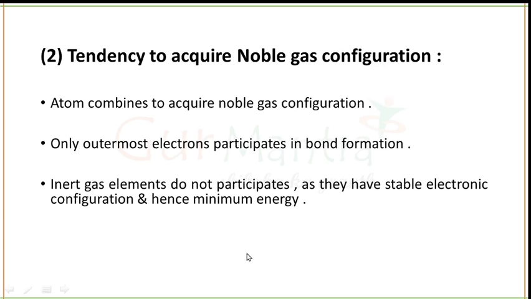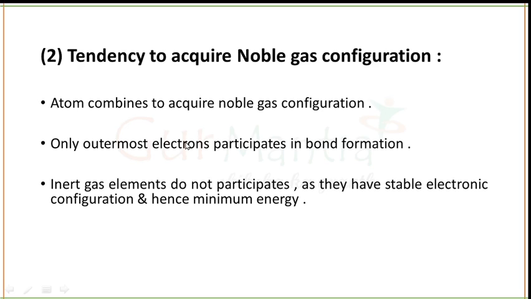Second point is tendency to acquire noble gas configuration. Atoms combine to acquire noble gas configuration.